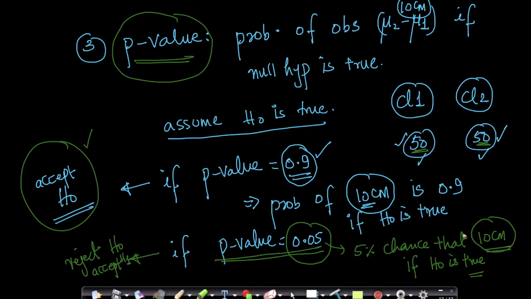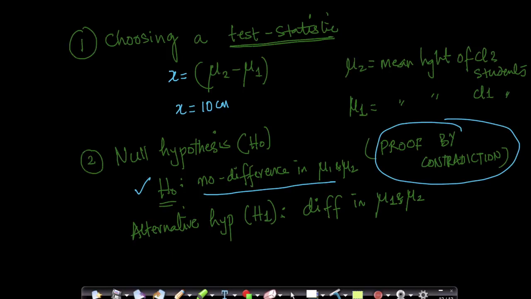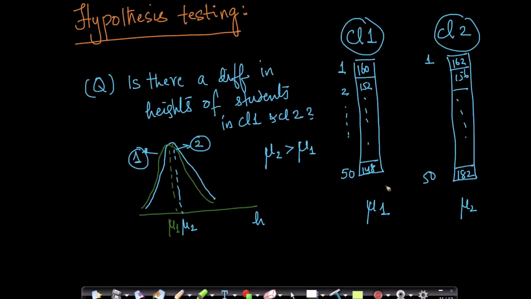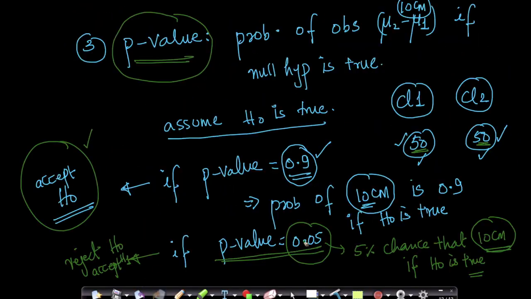Which means, in this specific case, when I have these observations, the chance that your null hypothesis is true is very small, which means we should reject it and accept our alternative hypothesis. And our alternative hypothesis is that mu1 and mu2 are different.